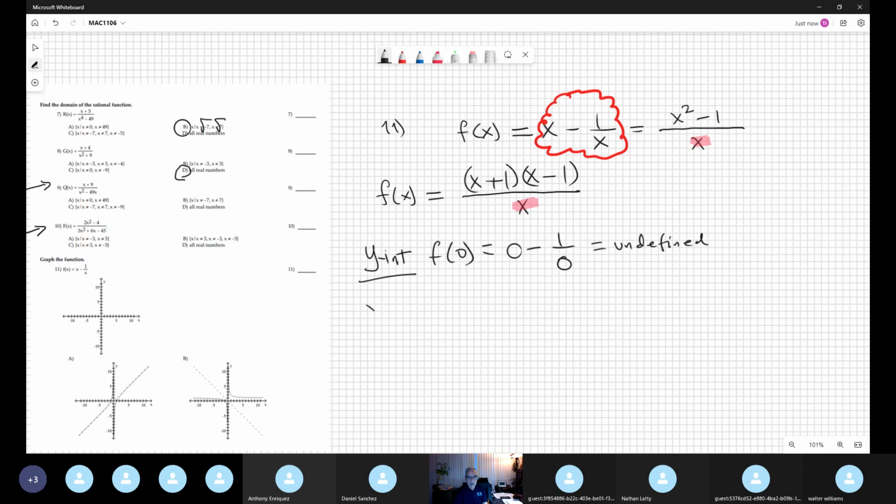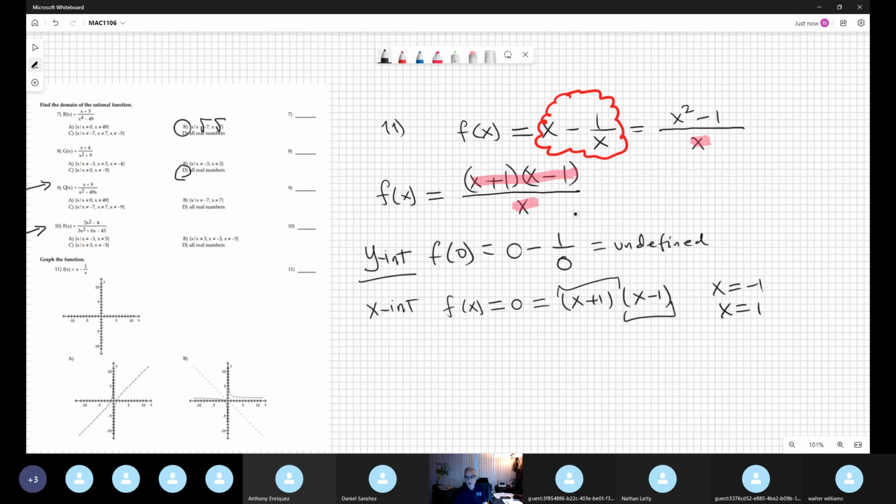But what about the x-intercepts? Well, the x-intercepts are easier because you take the numerator part and force it to be 0. So it's equivalent to say x plus 1 and x minus 1. It's obvious that x is negative 1 using this factor, and using this factor, x equals positive 1.